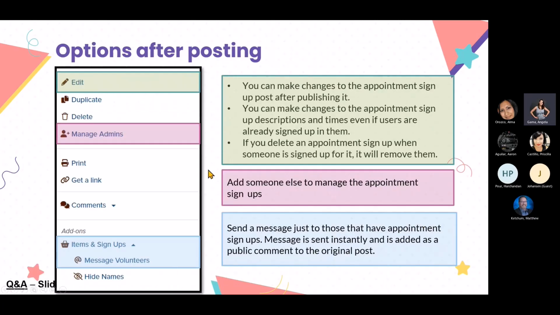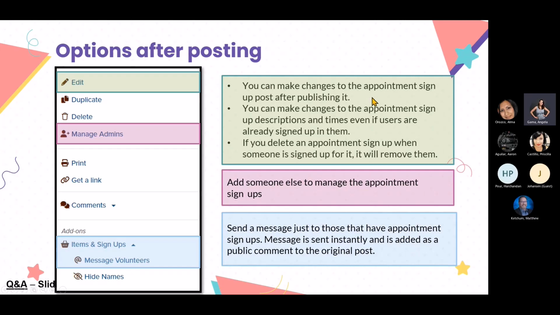So after you publish your post, what are my options available? We have here the edit option, and this is great if you need to make any modifications to the post. So you can make changes to the message of the post, but also you can make changes to the appointment slots themselves.